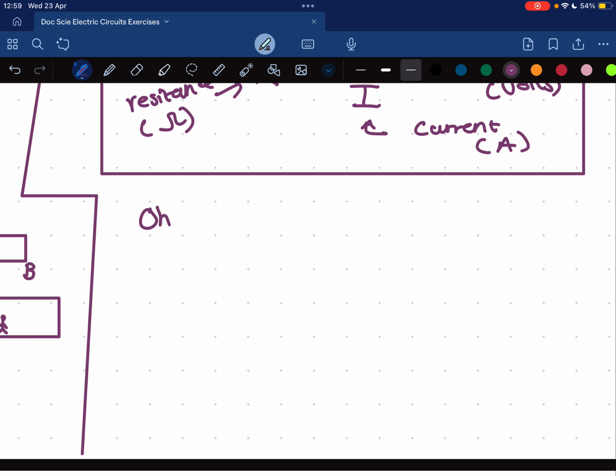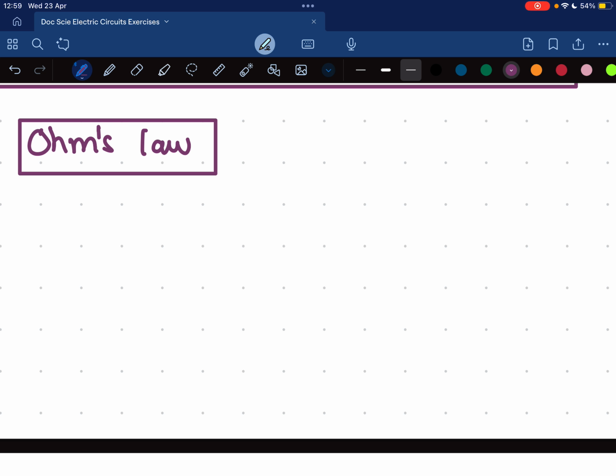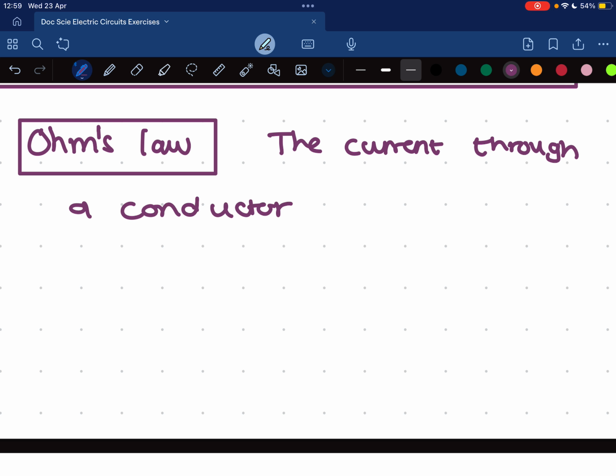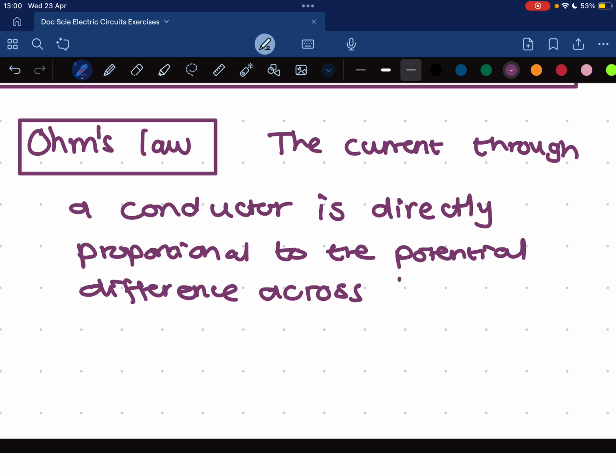Ohm's law, which is also a SAGS definition, you must be able to state in full: the current through a conductor is directly proportional to the potential difference across the conductor at constant temperature.